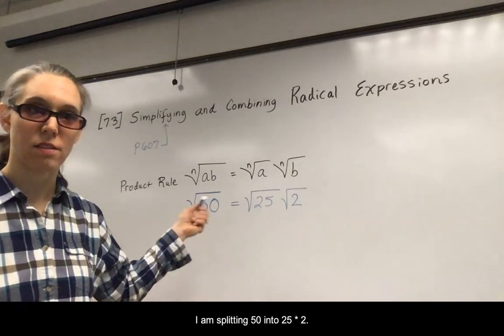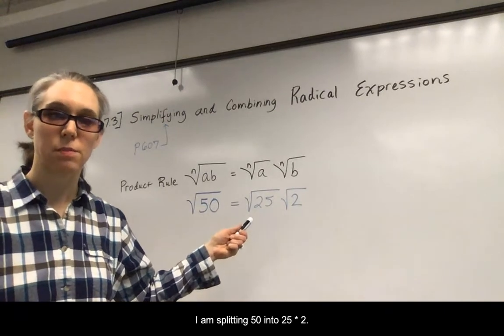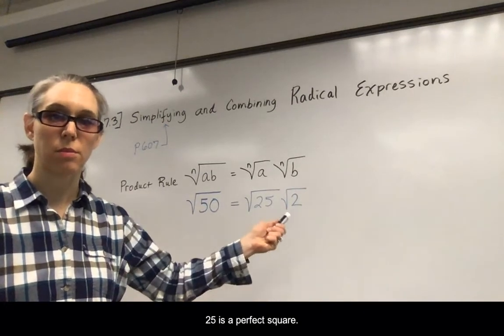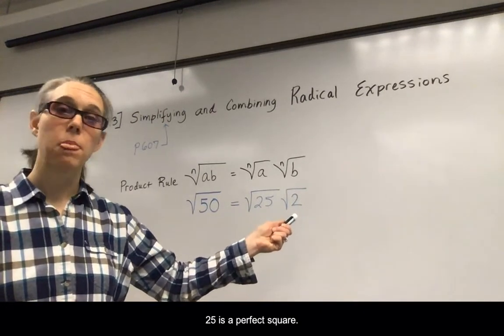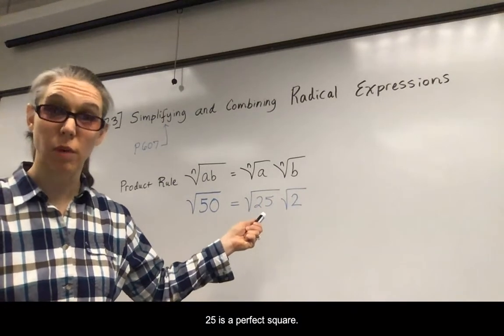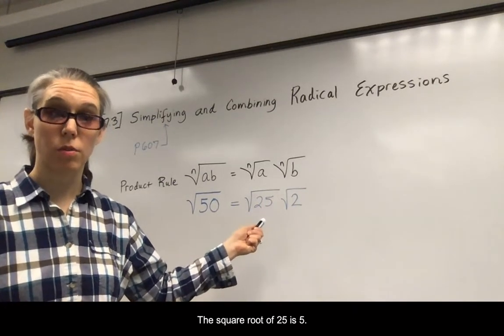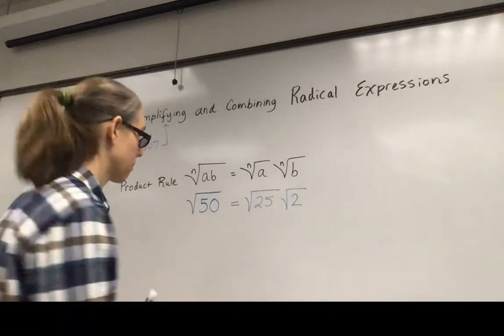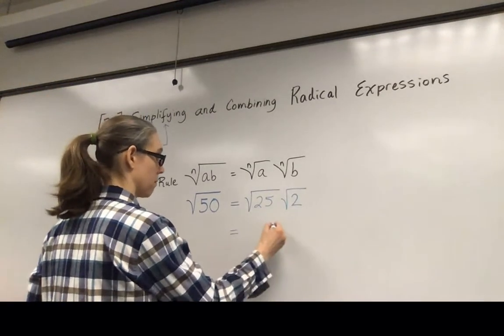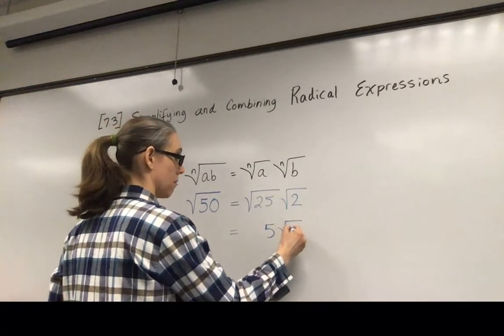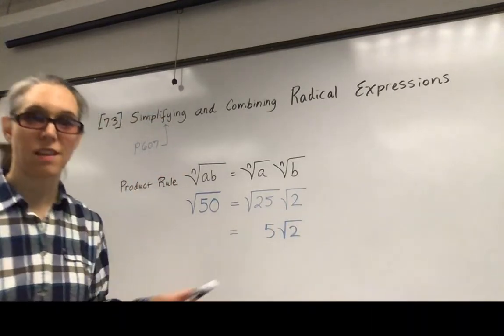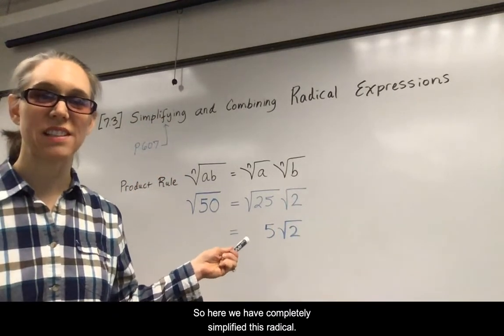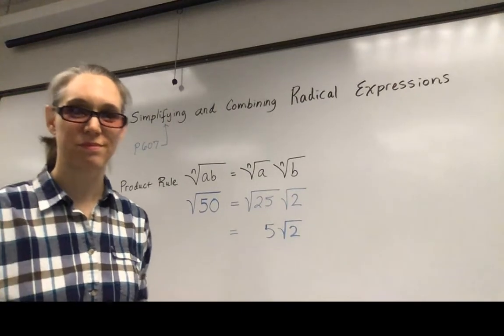You can do this. This is the product rule. So I am splitting 50 into 25 times 2. How is that helpful? Well, 25 is a perfect square, right? The square root of 25 is 5. And so here we have completely simplified this radical.